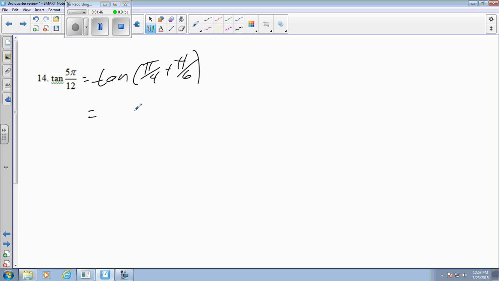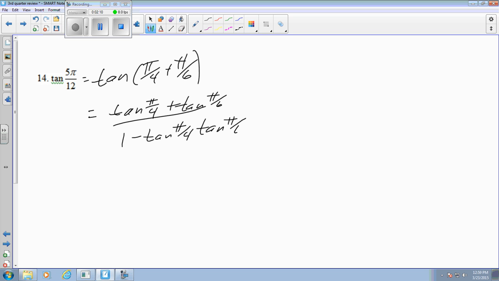And now let's substitute that into our tangent sum formula, which tells me I have the tangent of pi over 4 plus the tangent of pi over 6. All of that is divided by 1 minus the tangent of pi over 4 times the tangent of pi over 6.